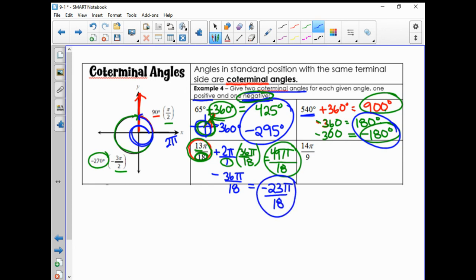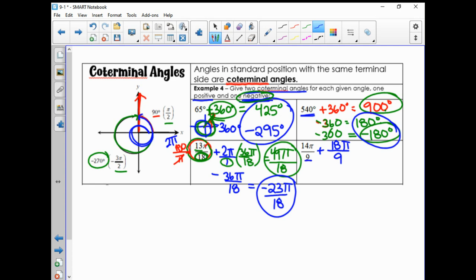All right, again, if you wanted to use what we just did before and multiply this by 180 over pi, that'll change it into degrees, and then you could just add 360 and subtract 360. But I like fractions, so I'm going to keep doing it with fractions. So on this one, when I add 2 pi, notice my pi's have to be written as 9. So I just know that 18 divided by 9 is 2. So this will give me 2 pi.